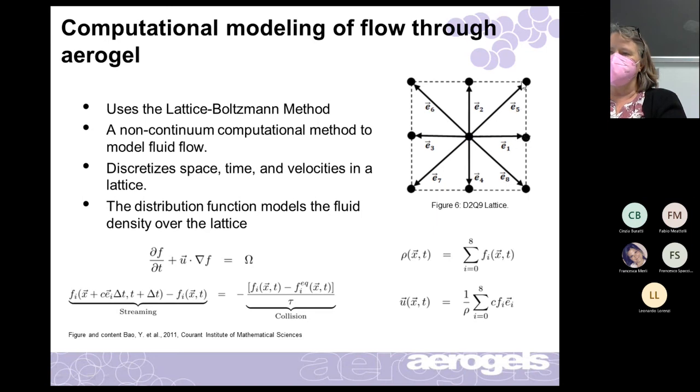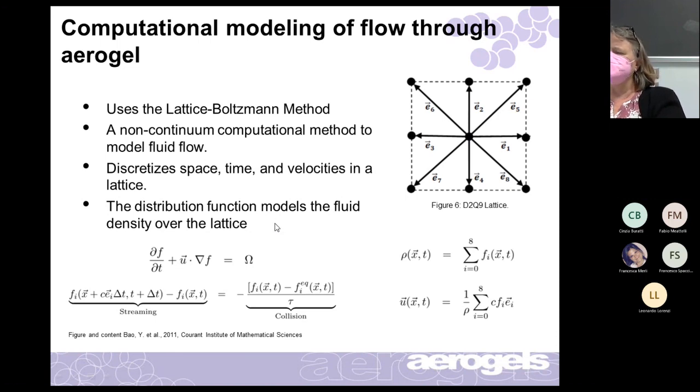We can say there's a 10% chance it will go here, 20% chance it will go here, etc. So it's a distribution function that models the fluid flow over the lattice. It is used in these non-continuum flows. It can also model continuous flow too, but it's applicable, I think, for flow through the aerogel.